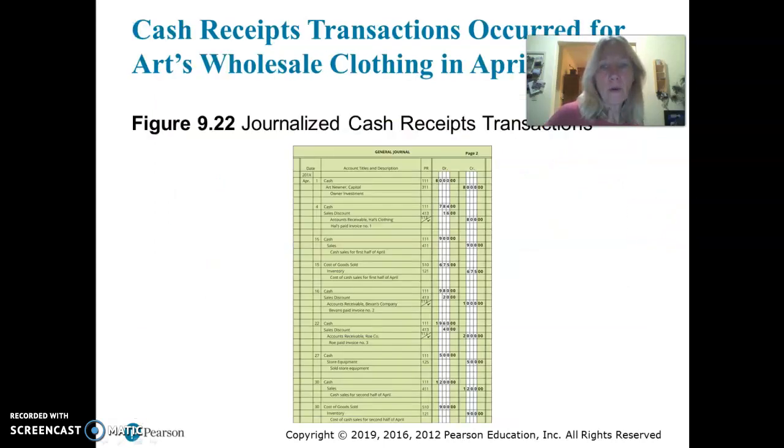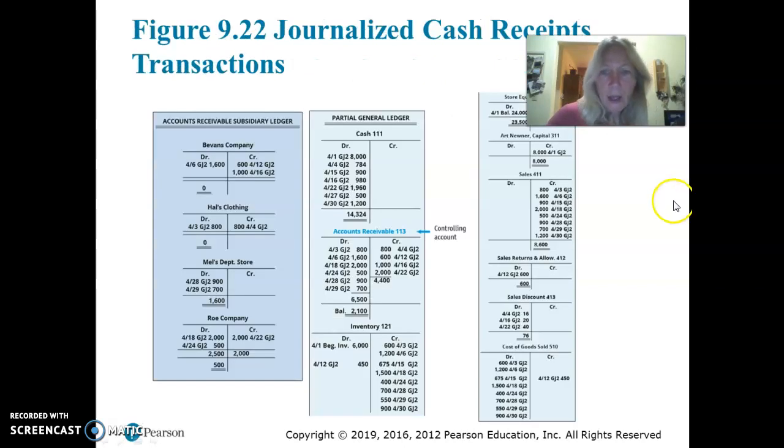Okay, so more business transactions. Got to watch my time here. Here's all the T accounts and they're all affected and they're all balanced here. So what happens in a business, oftentimes once a week, you sit down and you look at what's called your receivables, because those are people who owe you money.